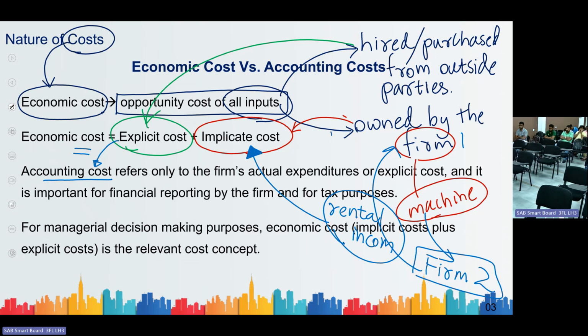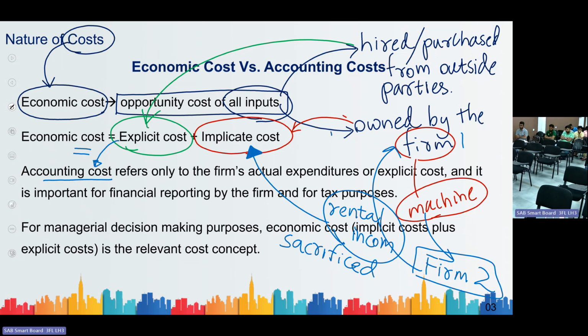So this foregone or sacrificed rental income is an implicit cost. It is not actually paid in cash or by check, but it's a foregone cost. The machine is used in the production process, and yes, for that there is no actual payment.